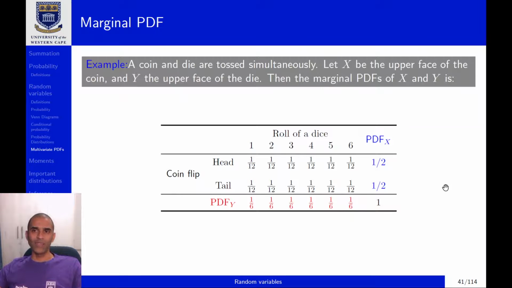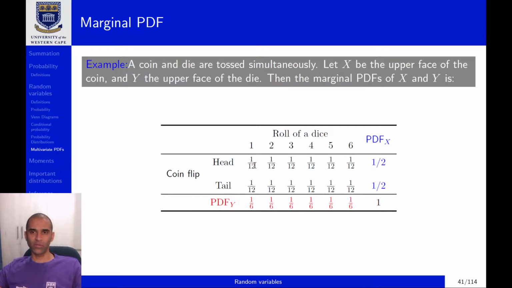And if we want to obtain the marginal PDFs respectively of x and y, we just sum over all the possible outcomes for the opposite variable. For instance, looking at the marginal PDF of x in this case, which is the upper face of the coin, we have to sum over all possible values of y for each possible outcome of x. So x has two outcomes, heads or tails, and then we just sum each of these over all the possible values of y.